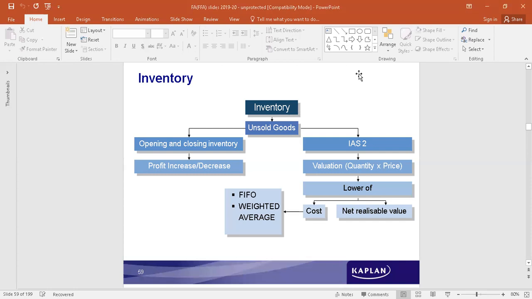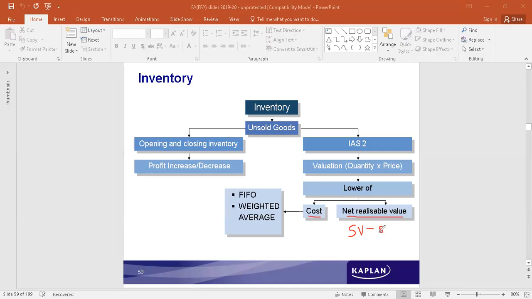So cost is the cost at which the material is acquired as on the last date, whatever is the quantity of units that are available. What is the cost of that material is one thing. The other one is net realizable value. That is, on selling these units, the sale value minus any expenses incurred to sell these units.